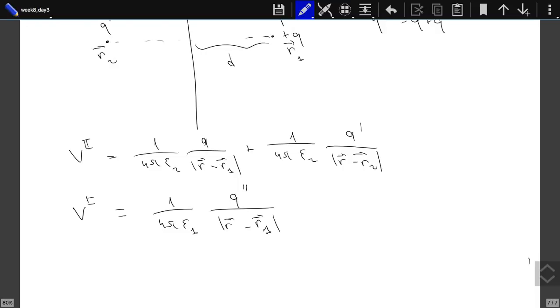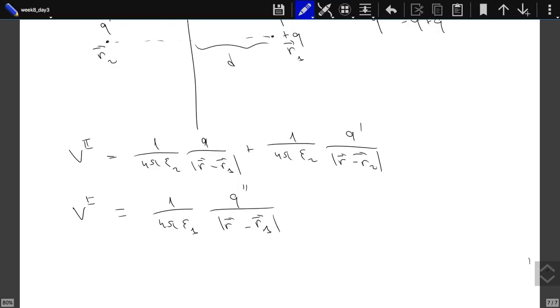R2 is the position of the charge over here. Well, you can also say, keep it this way. This is my ansatz. Does it work? Let's check if this works.